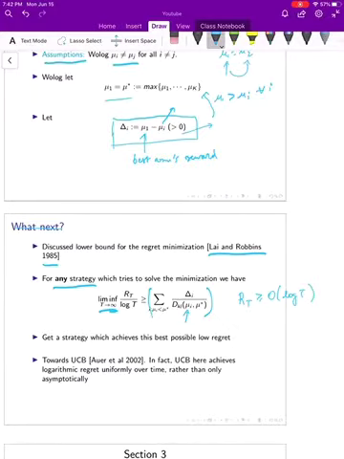So that is why the intent of every algorithm now becomes to achieve regret of the order of log t.